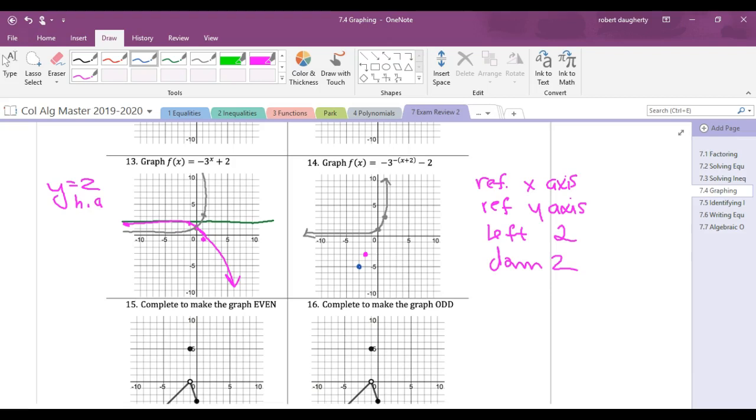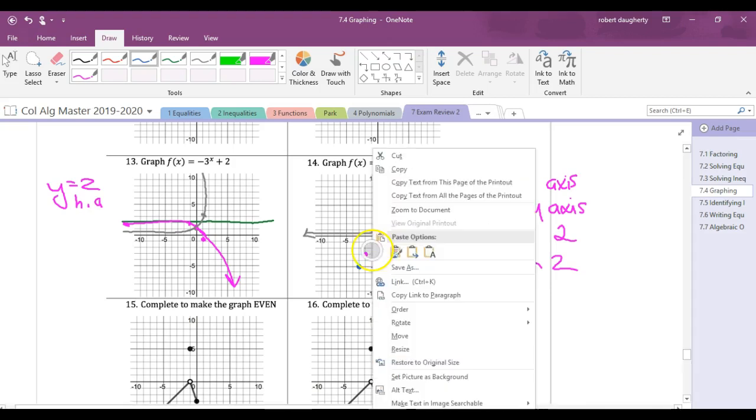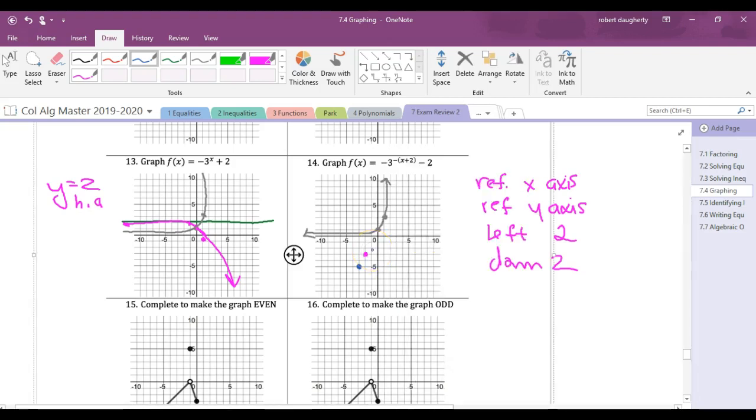So I reflect it about the x-axis, about the y-axis, then go left 2 and down 2. So something you see right about here. And you can tell by this one, the horizontal asymptote is at -2. So I've got a horizontal asymptote right here. And so what this graph looks like is something like this.